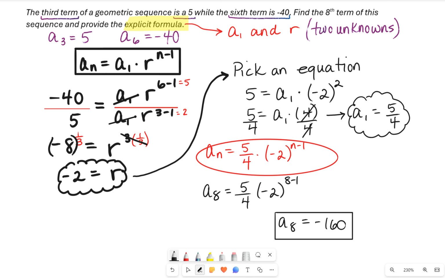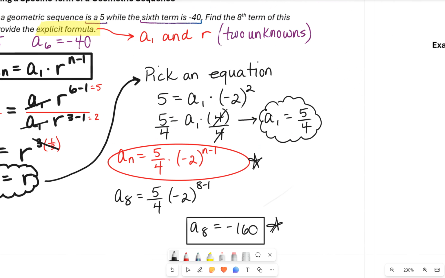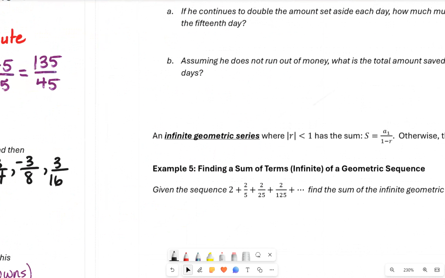And that is part of the answer as well, because they asked us for two things: the explicit formula, which is this one in the oval, and the 8th term. Anytime they ask you for a term, use the explicit formula. Okay, moving on to the next page.